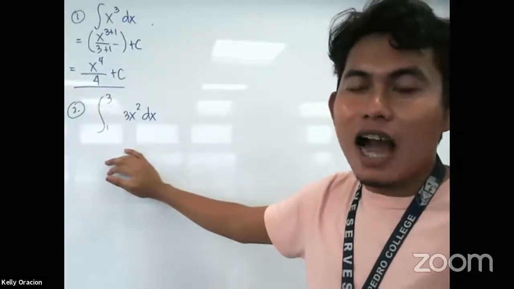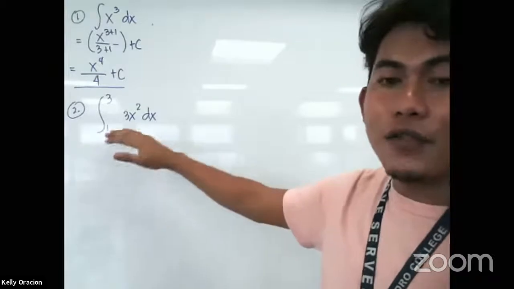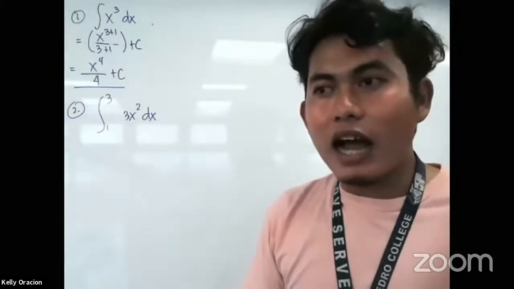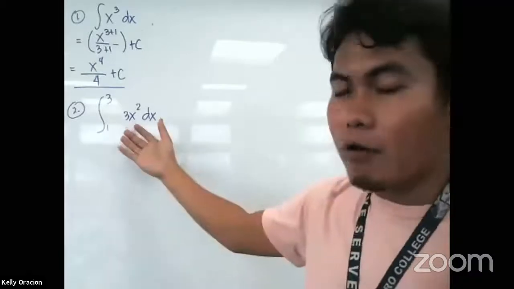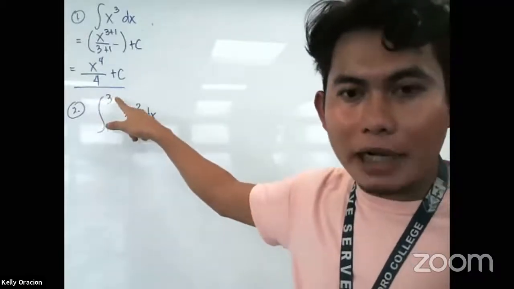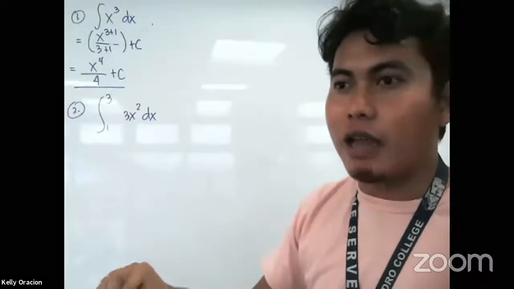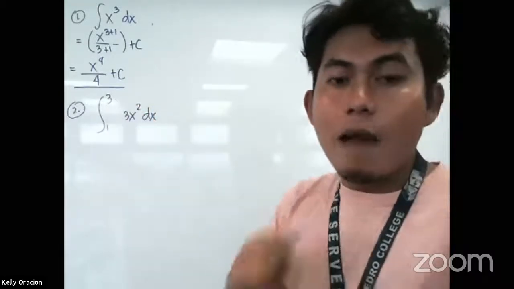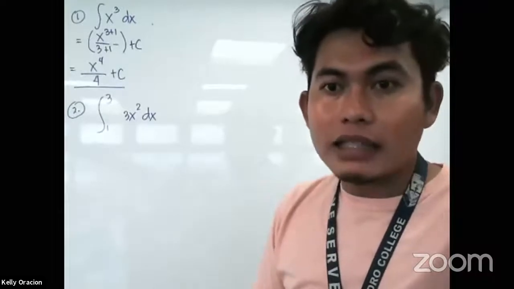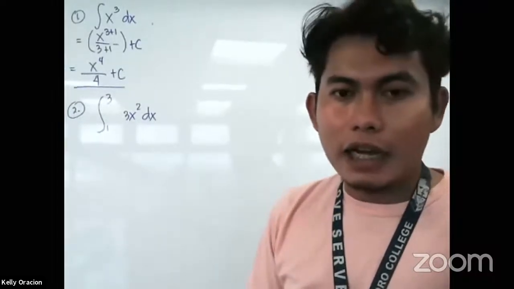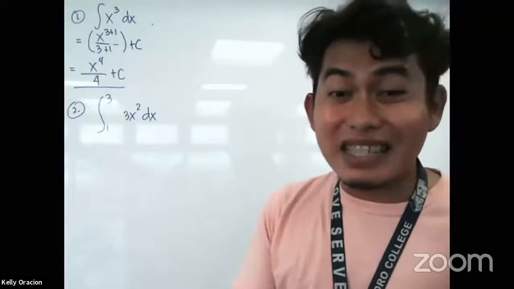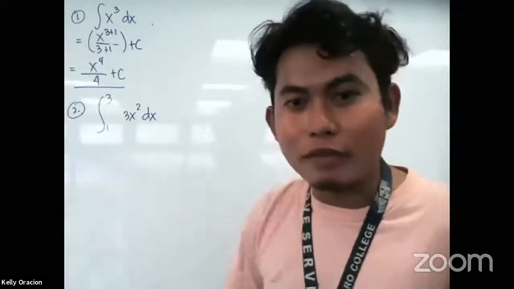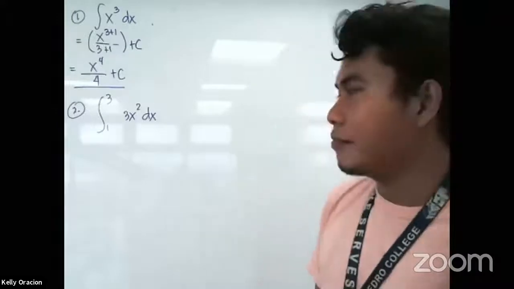Next, after getting the antiderivative, substitute the upper limit, the value 3, into x, minus, then substitute 1 into x. Let us solve it so you can realize it, and we will solve it with a calculator.